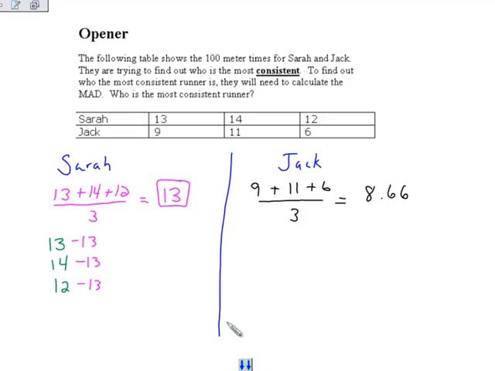We'll calculate those in a minute. For Jack, his data values were 9, 11, and 6, and we're going to subtract each from 8.66. I want you to figure out what these 6 things are going to be. Ms. Spiteri can stop the video while you calculate that, and we'll check your answers in a minute.